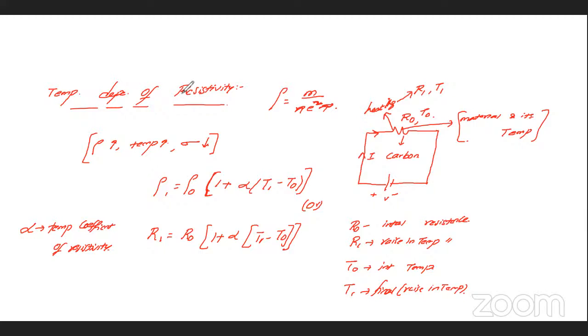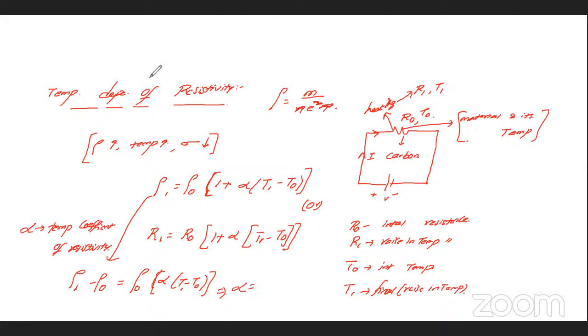So I'll take this relation: rho 1 minus rho naught is equal to rho naught into alpha into T1 minus T0. Here the 1 plus term will be shifted to the left side as minus. From this ratio, I'm going to find alpha.